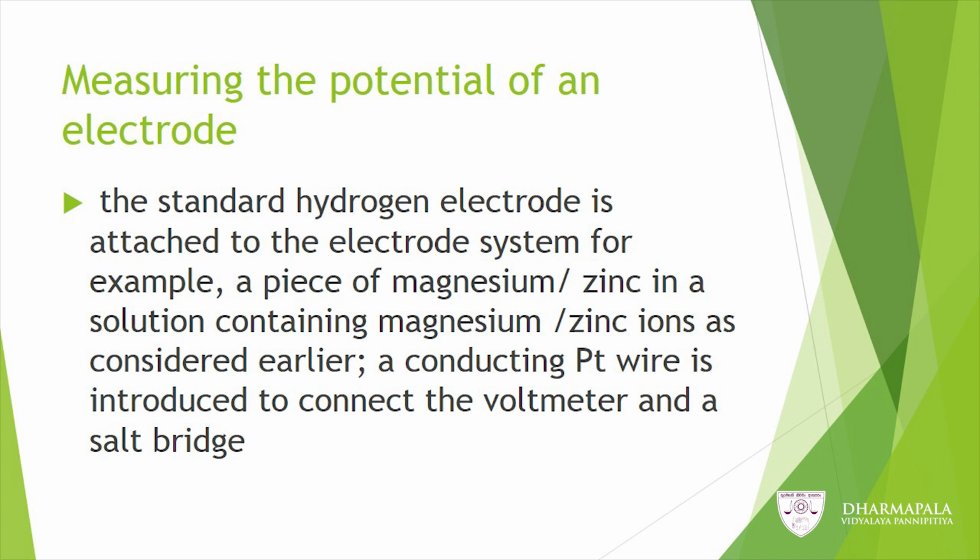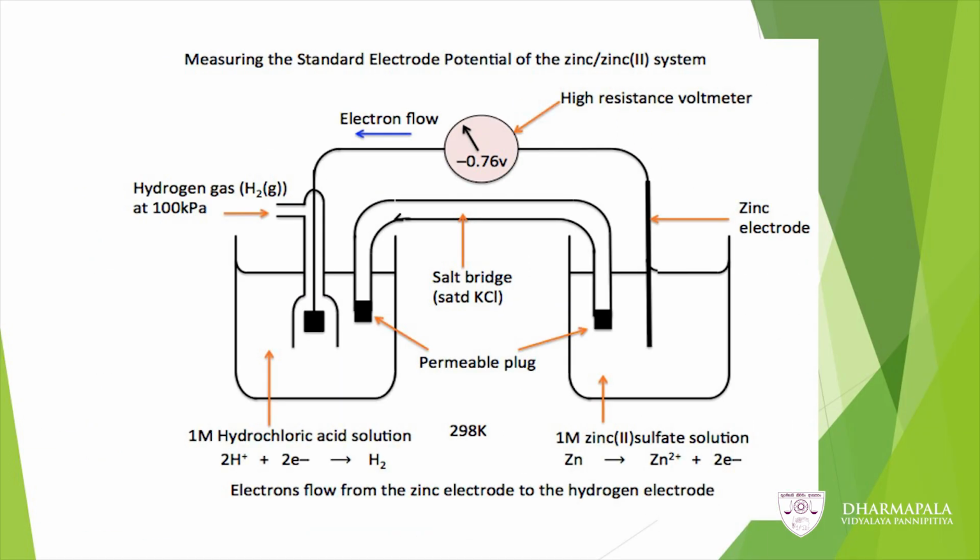The standard hydrogen electrode is attached to the electrode system, for example, a piece of magnesium or zinc in a solution containing magnesium or zinc ions as considered earlier. A conducting platinum wire is introduced to connect the voltmeter and a salt bridge. So, here you can see how to measure the standard electrode potential of the zinc 2 plus system.